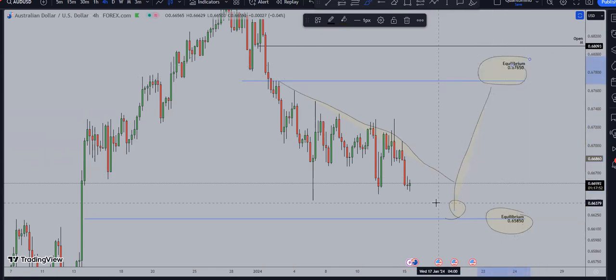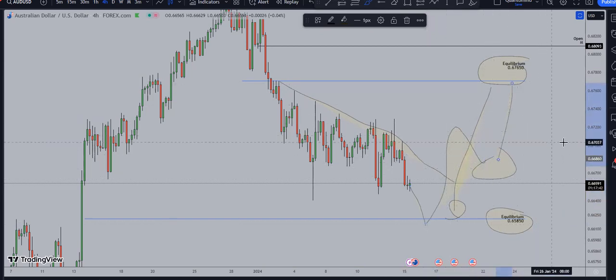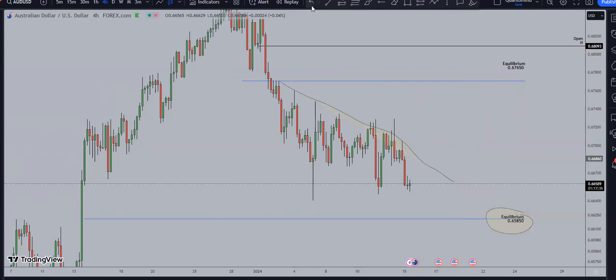But the best thing to do right now is just wait to see if the market is going to come to the equilibrium level or is going to break and then trade this. That would be the safest bet that we can have at the moment. So I have Australian USD as neutral at the moment.